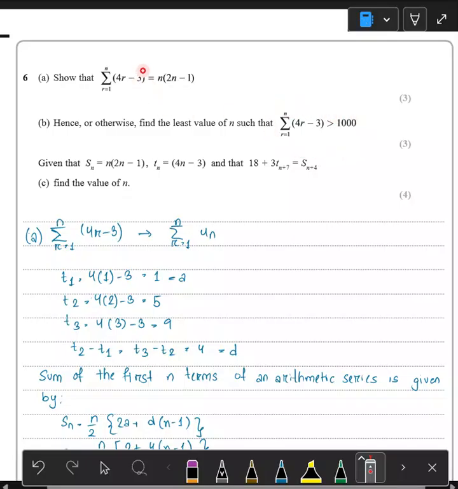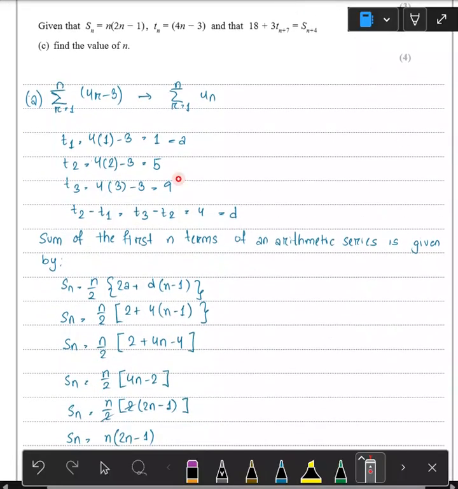Now, hence or otherwise, find the least value of n such that this is greater than 1000. So the summation of the n number of terms must be greater than 1000.